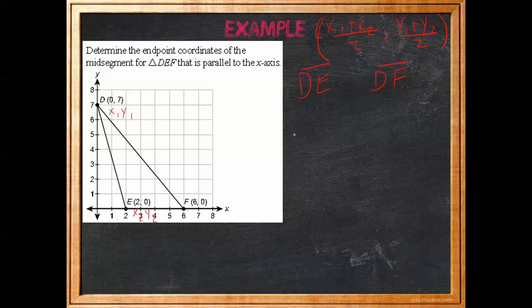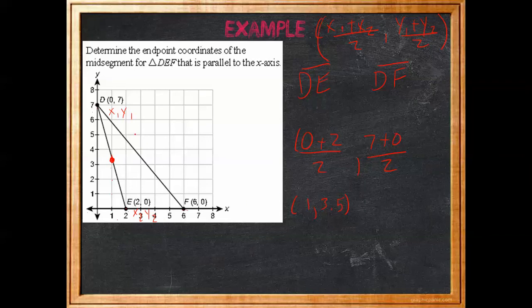So we have 0 plus 2 divided by 2, and then 7 plus 0 divided by 2. That gives us 2 over 2, which is 1, and then 7 over 2, which is 3.5. So 1, 3.5 is the endpoint of the midsegment right there.